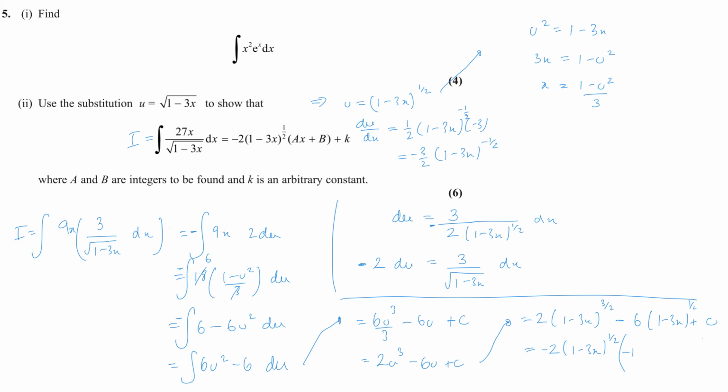And if I've taken this to the half out, this is just to the power 1. So 1 minus 3x, and then plus 3, because I've just taken the minus 2 of that and that out, so it's just left with 3.